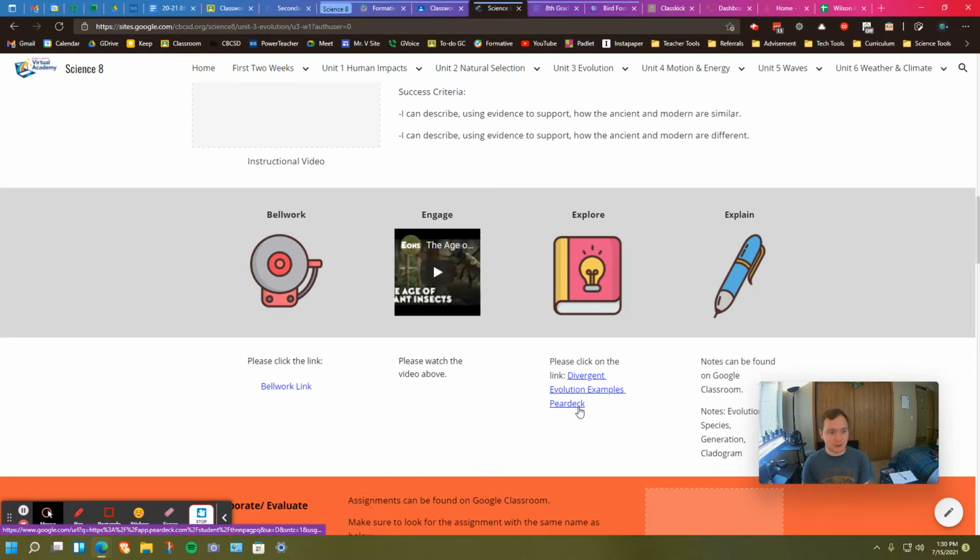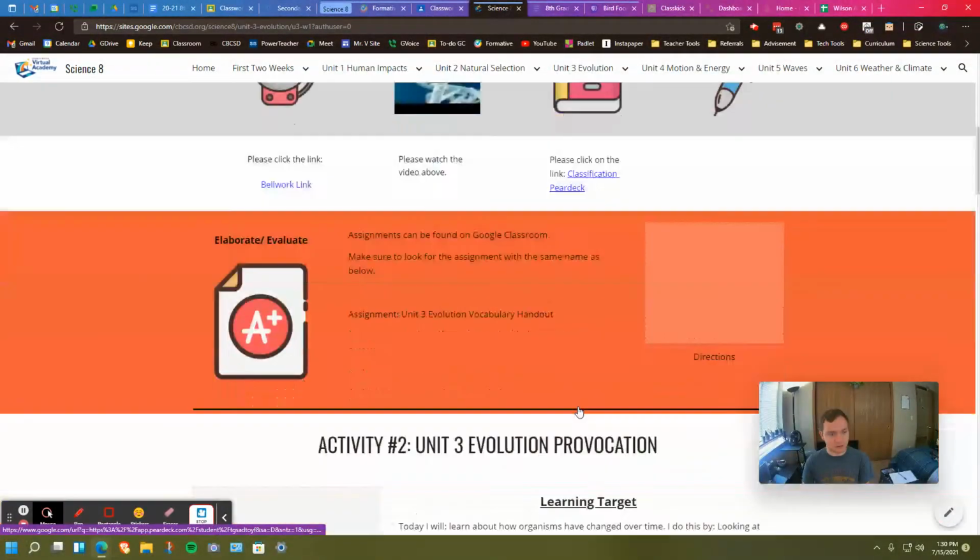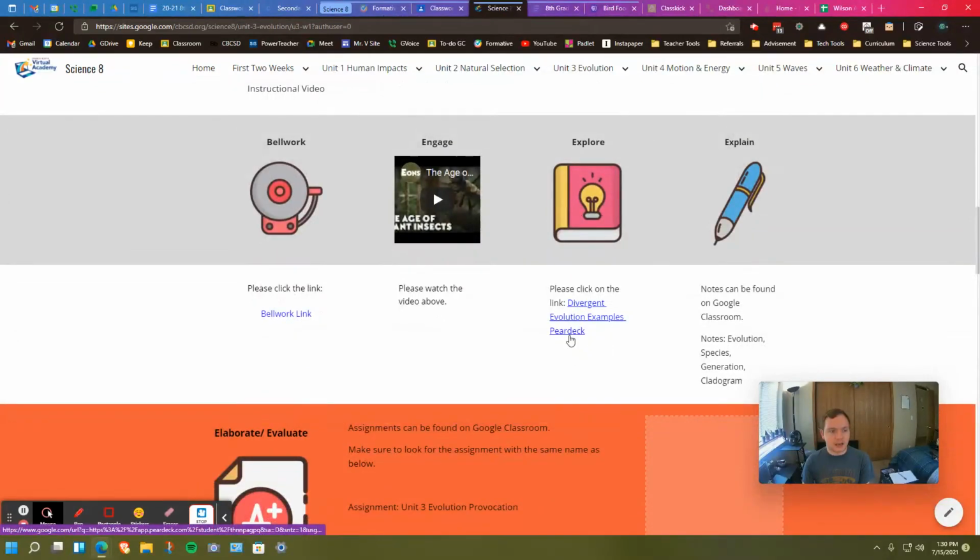We have another Pear Deck. This one's different than the one you did earlier. I've always wondered this when I was a kid, so I'm hoping this sparks your curiosity too. We're looking at what's called divergent evolution. It's when two living things basically come up with the same solution to a problem, and so they look a lot alike, but they're not related closely at all. A really good example, I think the first one on there, is a flying squirrel and a sugar glider.